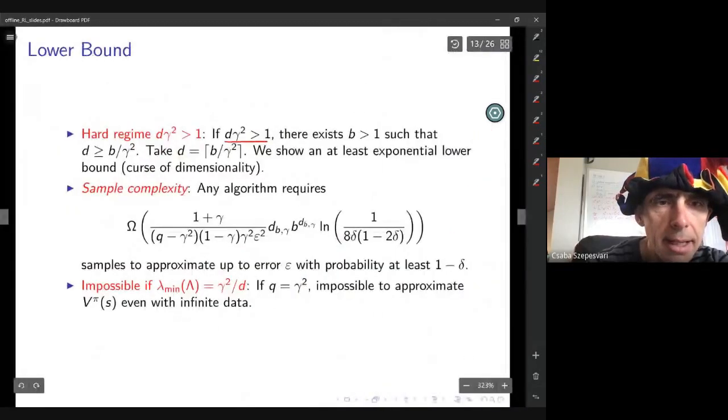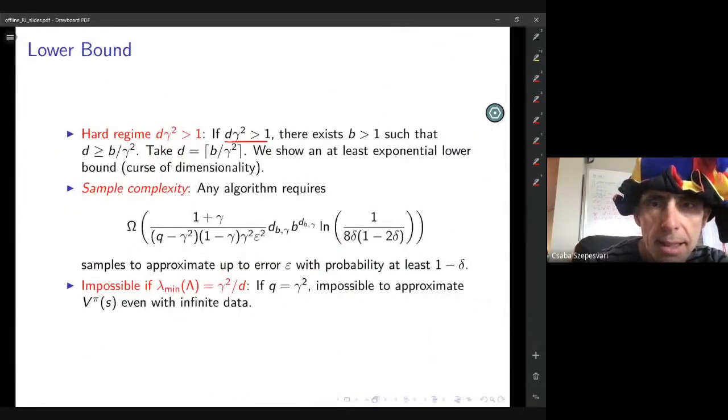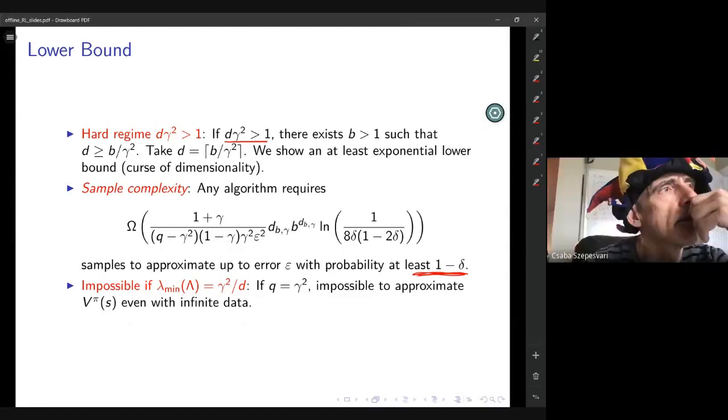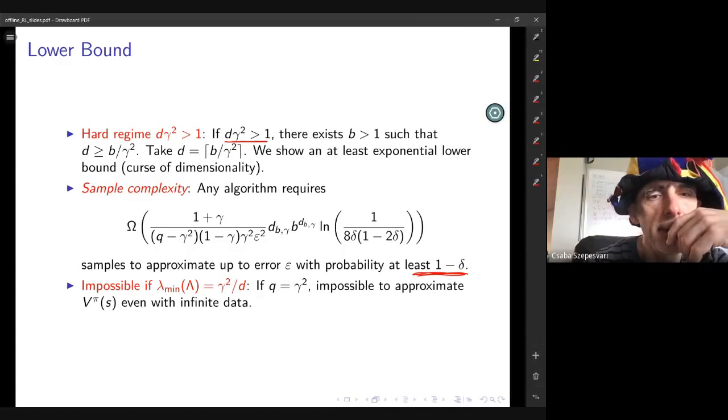can you go to the next slide? I see a probability at least 1 minus delta. So is that a delta too? So for the sample complexity to hold, it happens with probability 1 minus delta. So it is correct here. Oh, like delta is an error probability.